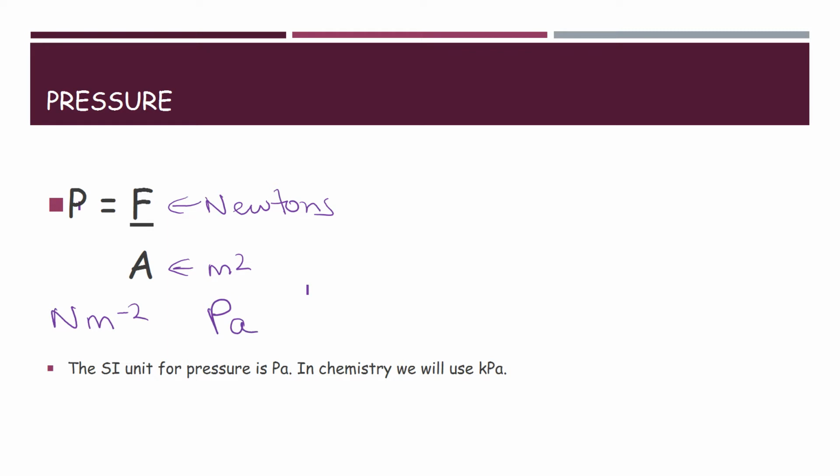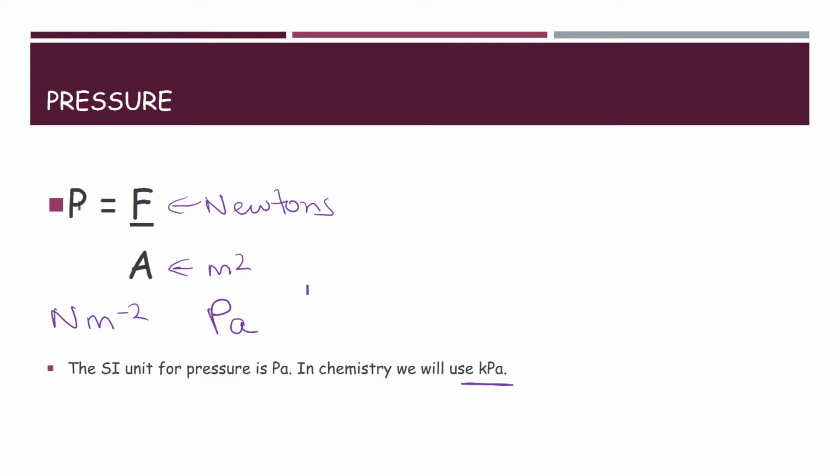And in chemistry we will be using kilopascals. And remember, a kilopascal would represent 1,000 pascals. You may have heard of hectopascals on the news when they're talking about the weather. So 101.3 kilopascals is equal to 1,013 hectopascals.